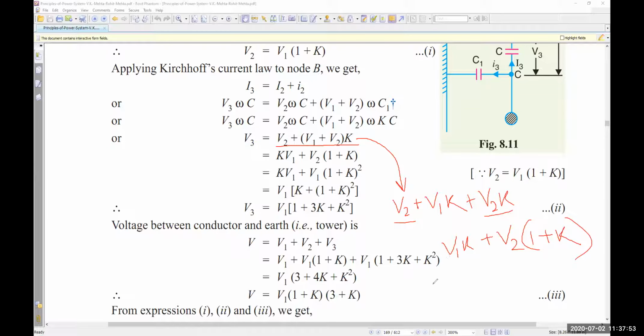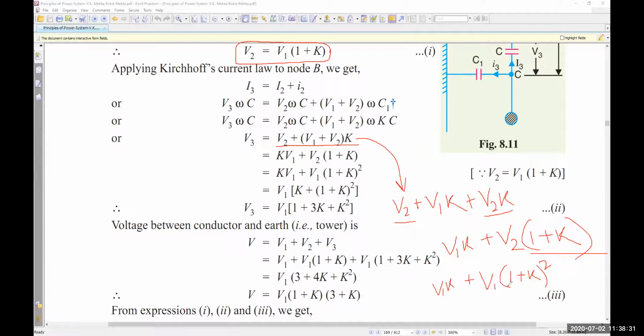V1 remains like that, V1K. In place of V2, we can write this. So V1 (1 plus K), and you have one more 1 plus K. So this 1 plus K and this 1 plus K will become (1 plus K) square.